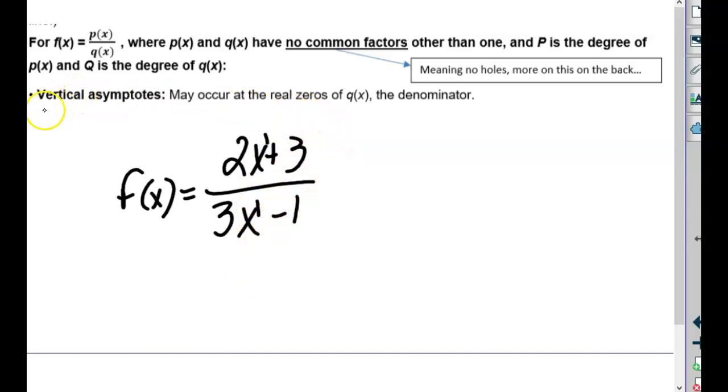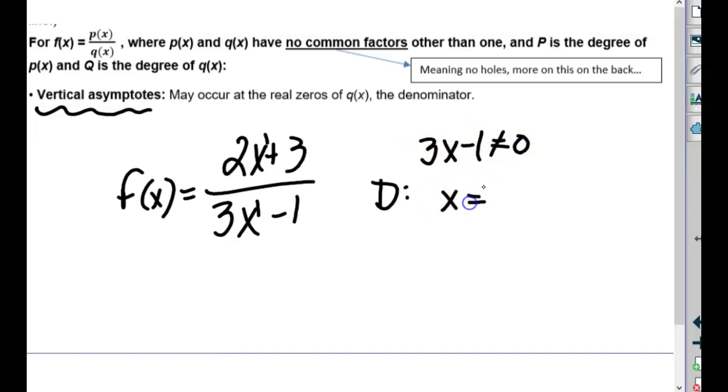The vertical asymptotes happen when the denominator is 0, because that's a place where the domain is undefined. So if we were finding the domain for this, we would say 3x minus 1 cannot equal 0, x cannot equal 1/3, but that means our graph will have a vertical asymptote at x equals 1/3.